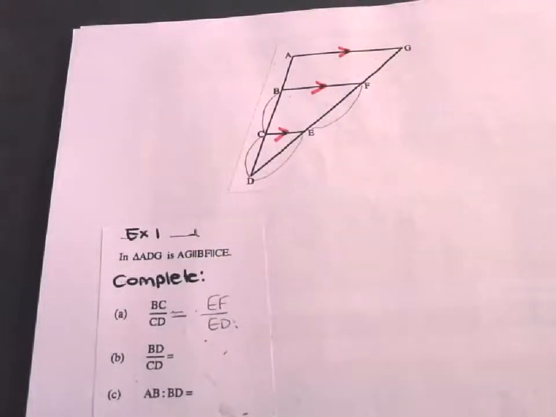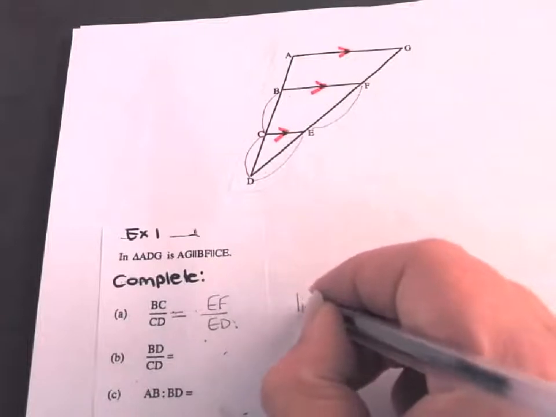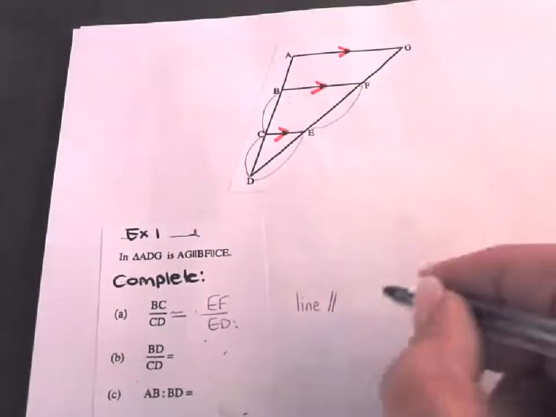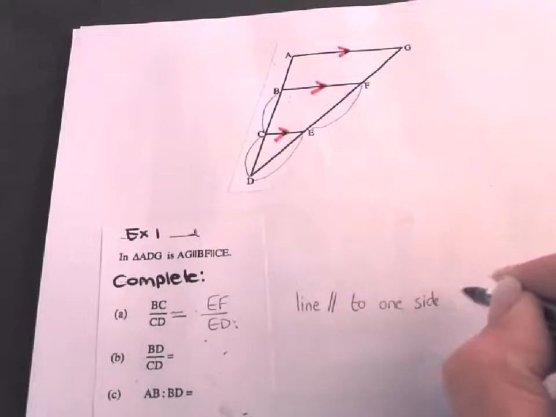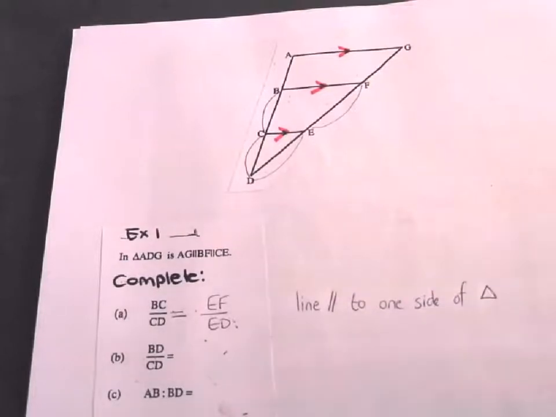And the reason for that is one line is parallel to one side of the triangle. That's your reason when you use Theorem 1.